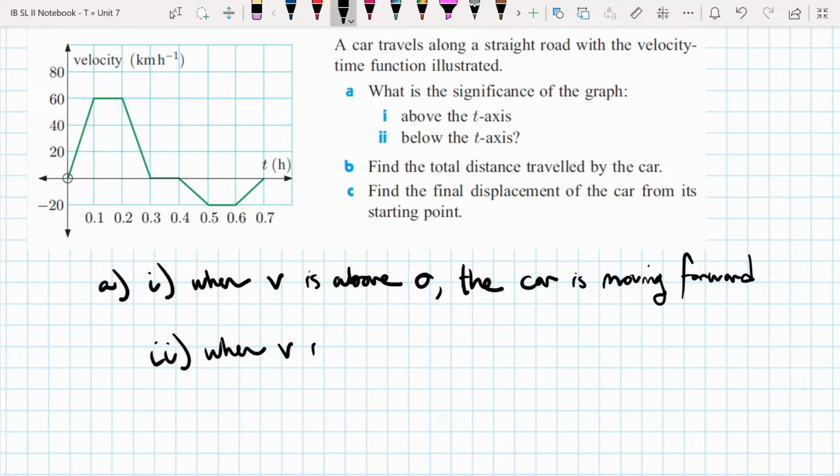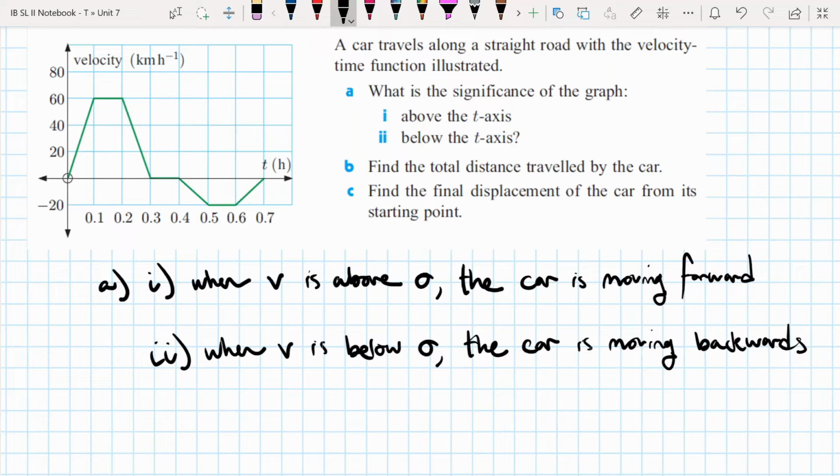When v is below 0, the car is moving backwards. Okay, so the y value of this graph will tell you whether or not the car is moving forward or moving backwards because it tells you the sign of the velocity.